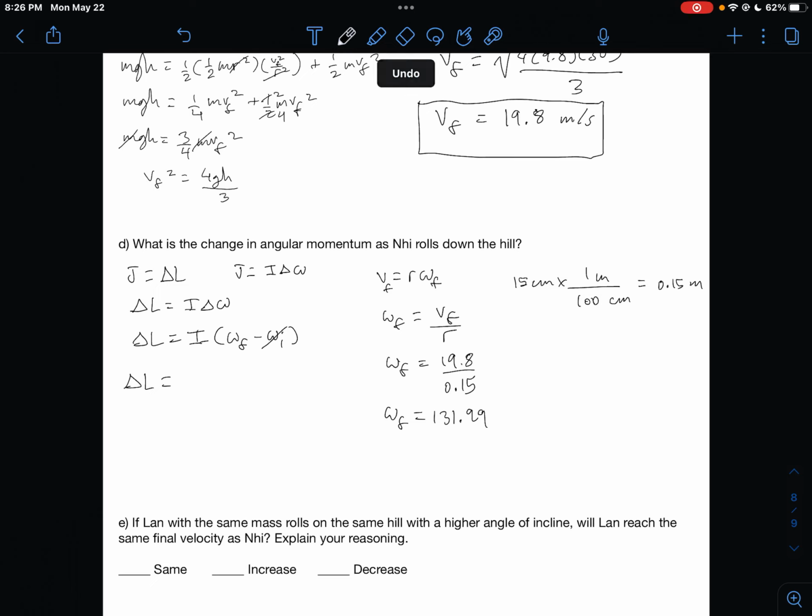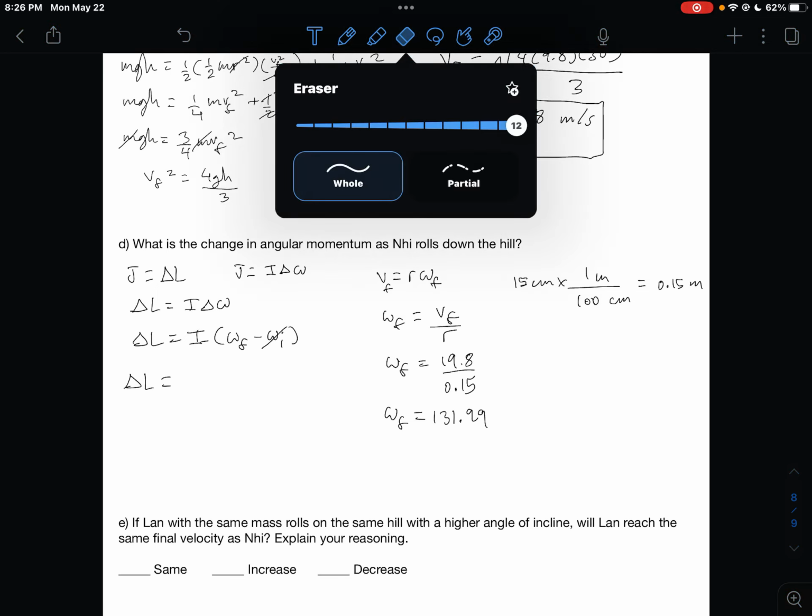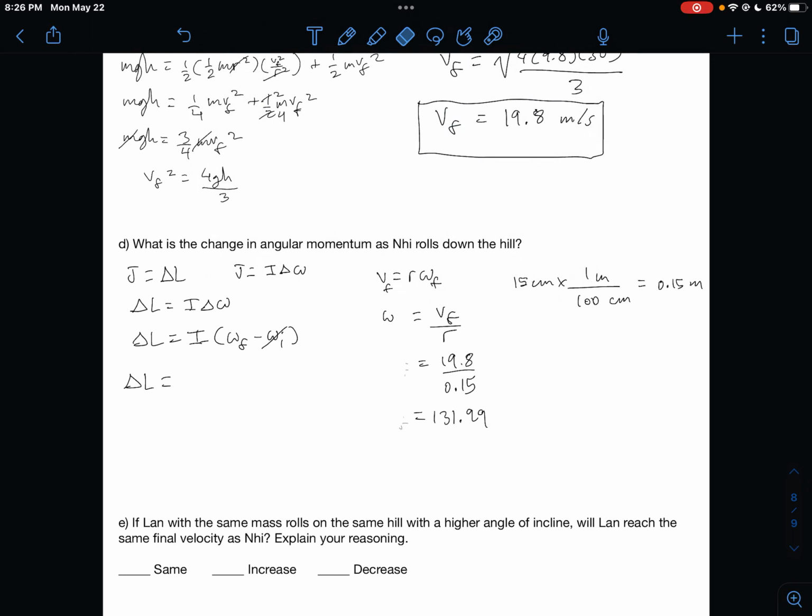Oh wait, hold on, I just realized something. What if instead of finding that, I'm just going to simplify for angular velocity still.